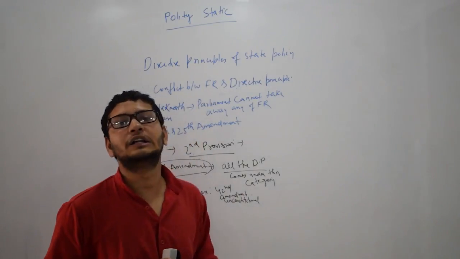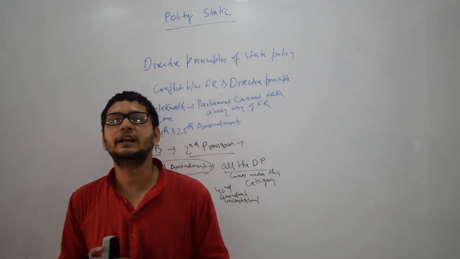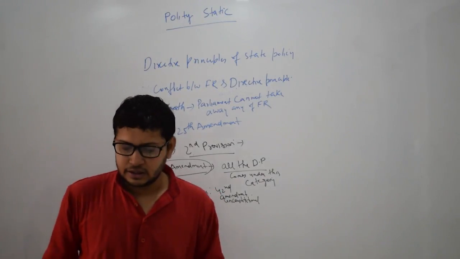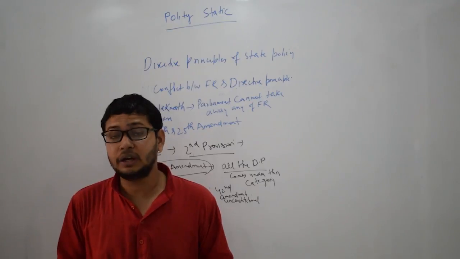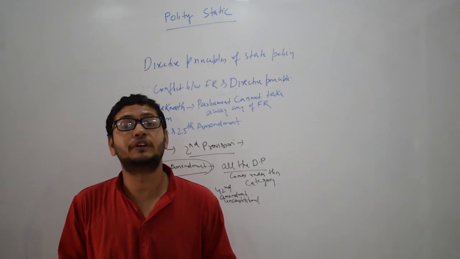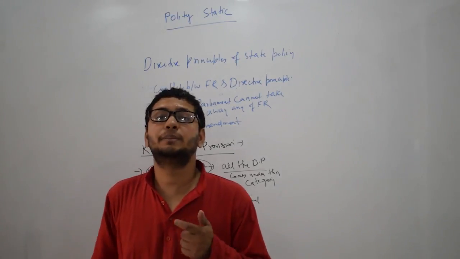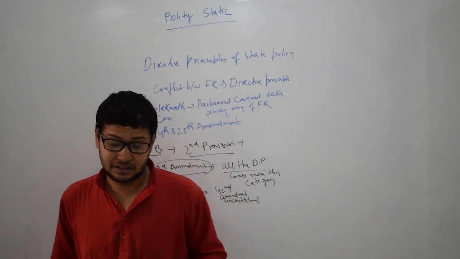And that ended all the debate between DPSP and fundamental rights. The Minerva Mills case observed that the Indian Constitution is founded on the bedrock of the balance between fundamental rights and DPSP, and therefore nobody could be given preference over the fundamental rights, right?